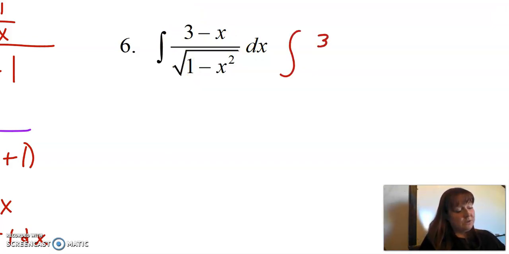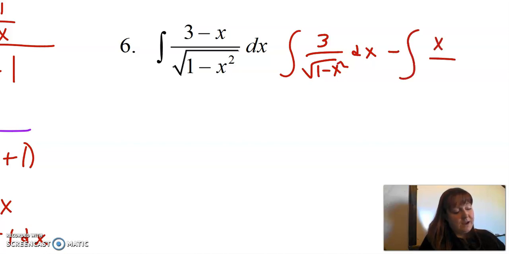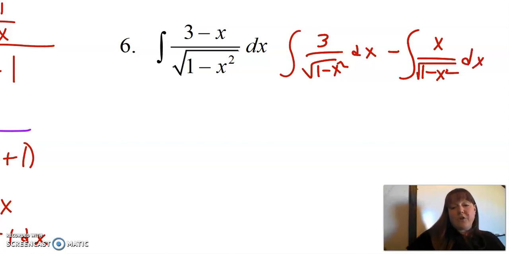So we have the integral of 3 over root 1 minus x squared dx minus the integral of x over root 1 minus x squared dx. Okay, so our first one is in the form of arc sine, right? Arc sine is 1 over square root of 1 minus x squared.